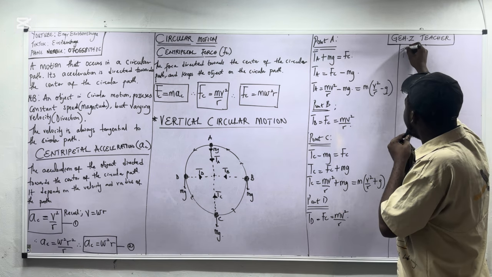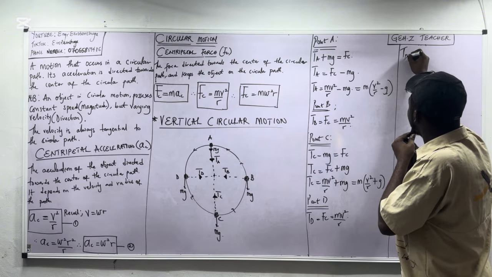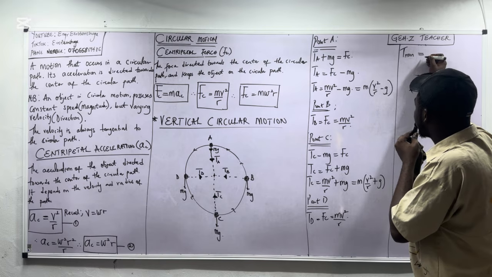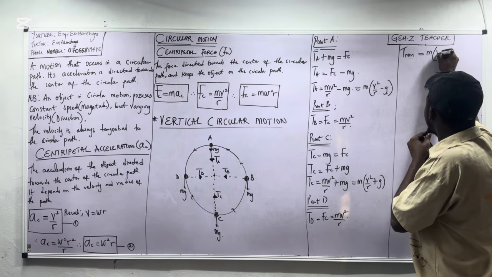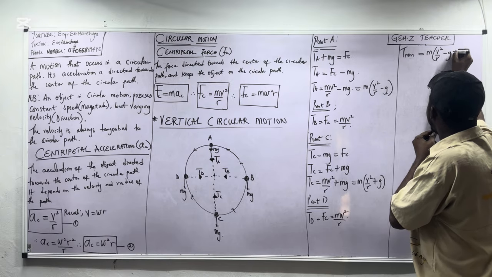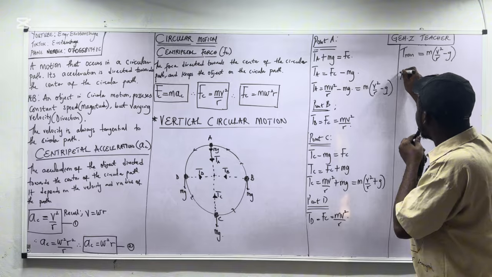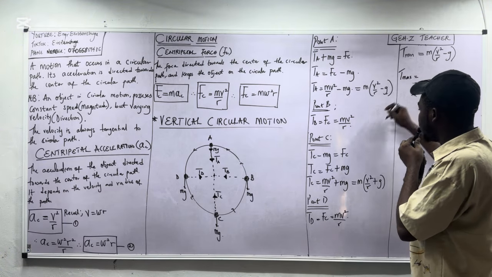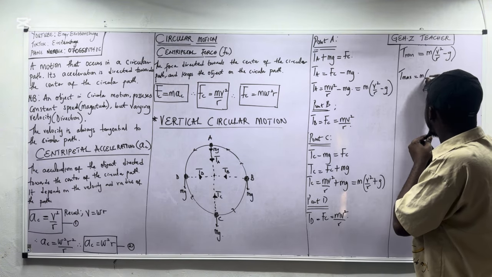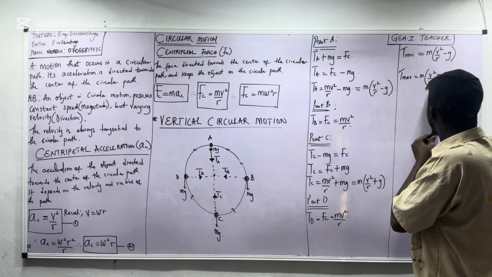So to get the minimum tension, as they call it in the question, it will be m into v squared over r minus g, the lesser tension, while the maximum tension will be the one at point C, which is m into v squared over r plus g.